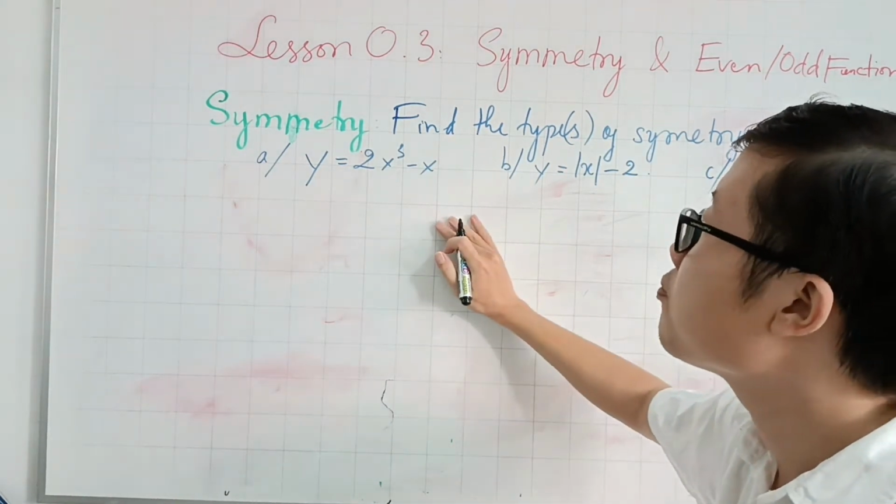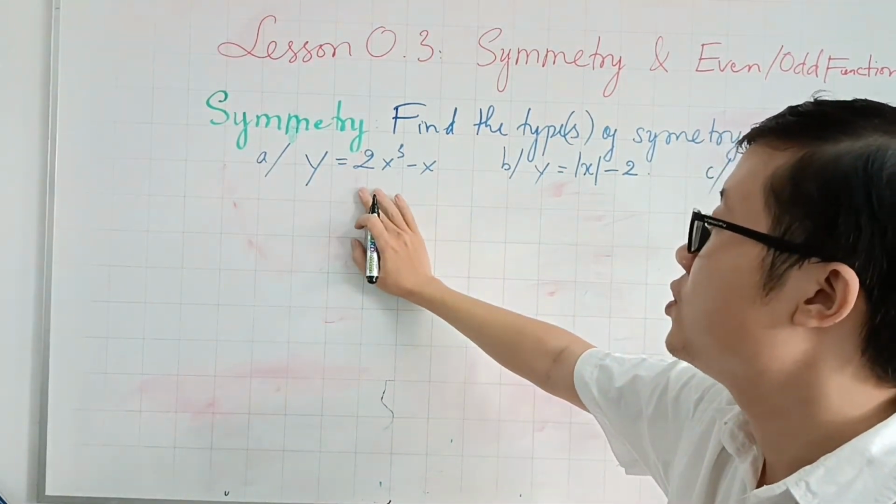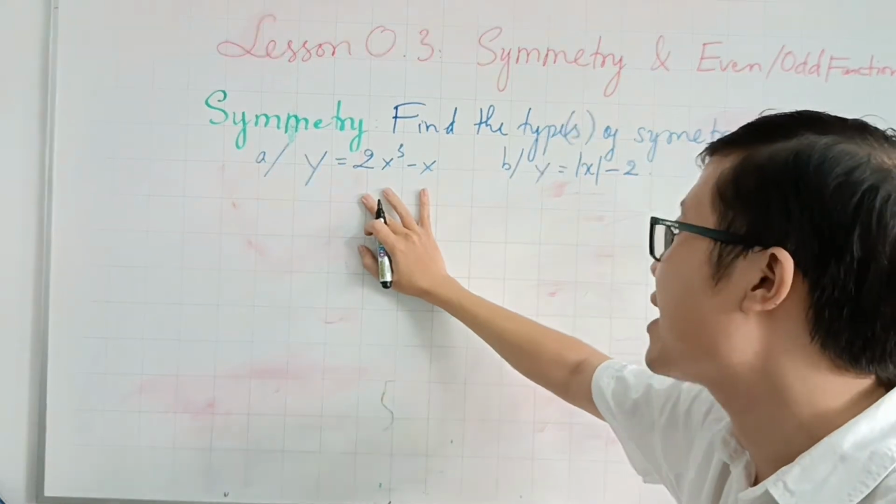So the first one, y equals 2x cubed minus x.